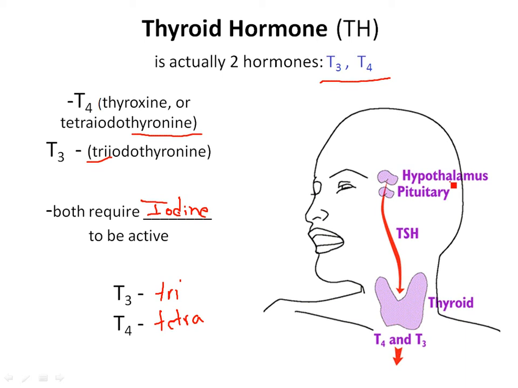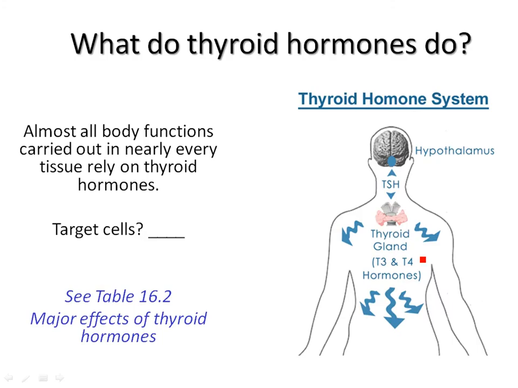Now, if you go back to your pituitary gland, when you learned those hormones, you've already heard about TSH, thyroid stimulating hormone. So, the anterior pituitary produces this particular hormone, which travels to the thyroid gland and signals the thyroid to release the thyroid hormones. All right? So you should already know a little bit about that.